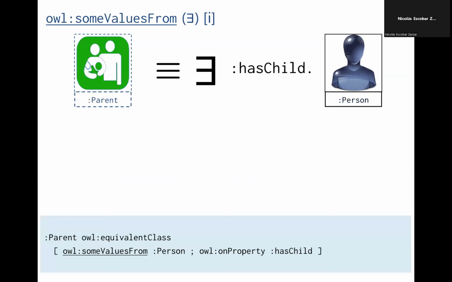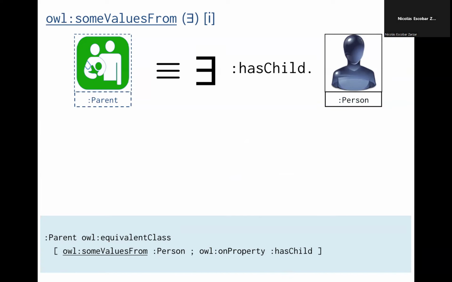If we have all values from, you might expect to see the other quantifier from first order logic, or from logic in general, which is the backwards E for exists. So we have parent is equivalent to exists has child person. This is fairly intuitive.